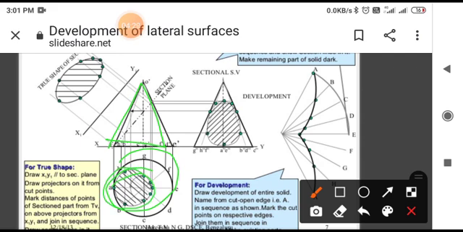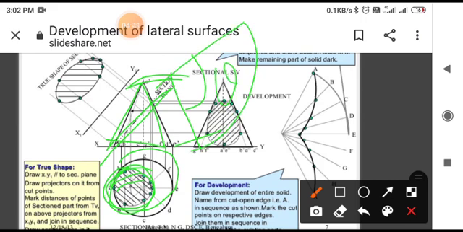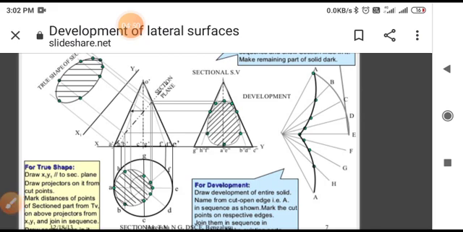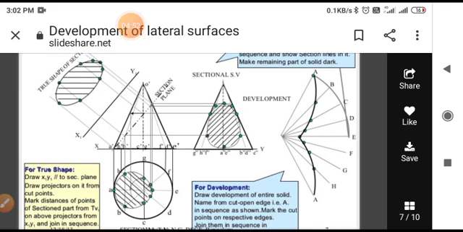In that also you have to draw the sectional view. From that you have to take a line parallel to this, then take a measurement equal to theta, draw the arc and make the sector. You can divide it into 12 parts and so on. This procedure is there. We will see some problems from it, so this much is given in that.